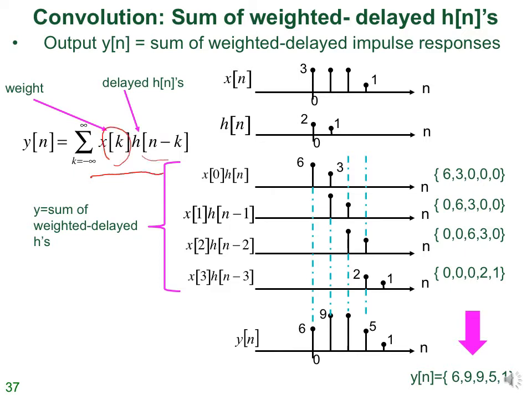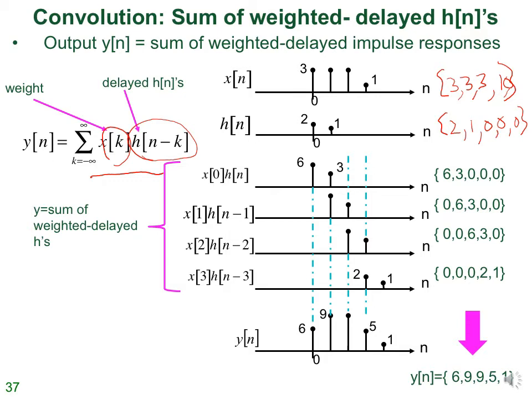So for example, if we have an input signal here, which is a 3, 3, 3, 1, and we want to convolve that with an impulse response, which is a 2, 1, 0, 0, 0. We could add a 0 here at the end. And just as a shorthand notation, again, these are infinitely long sequences, so I'm assuming that it's 0 to the left and it's 0 beyond.